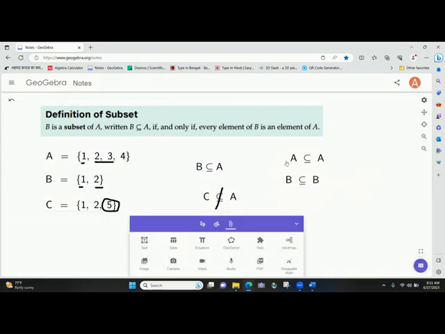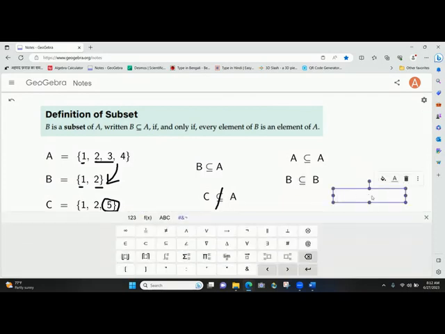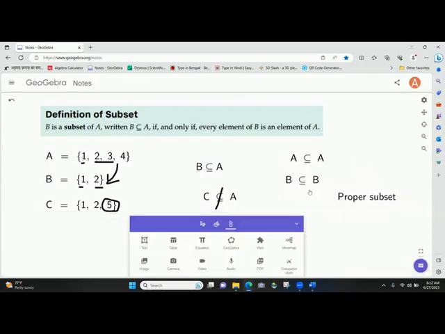All right. Now, when you have a subset that has fewer elements, you call it a proper subset, like you would expect, right? But A and A have the same number of elements. They're really equal sets.